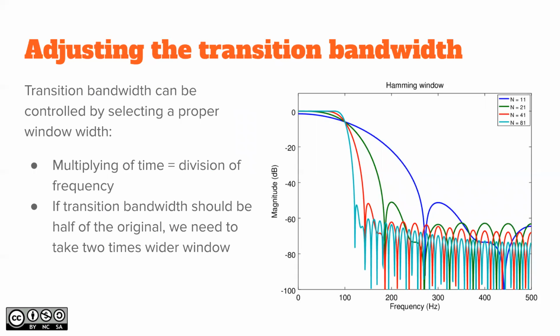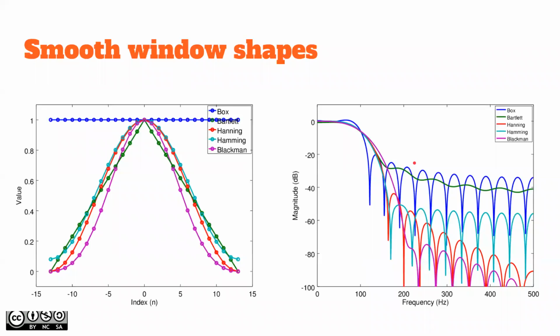If we want a short transition bandwidth, then we must do something for the system. Since, well, the window shape doesn't do anything. Well, it does do something. As you can see here, the more stop band attenuation you have, the wider your transition bandwidth is.